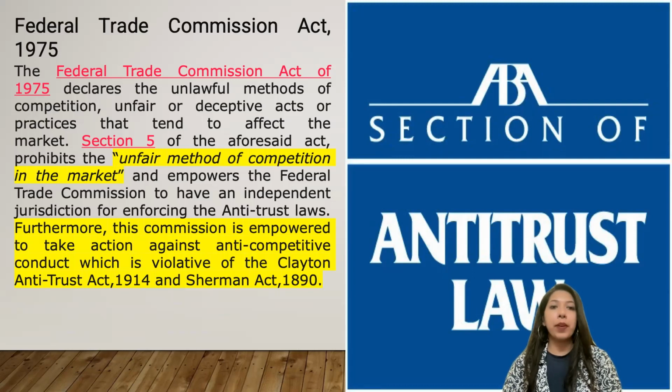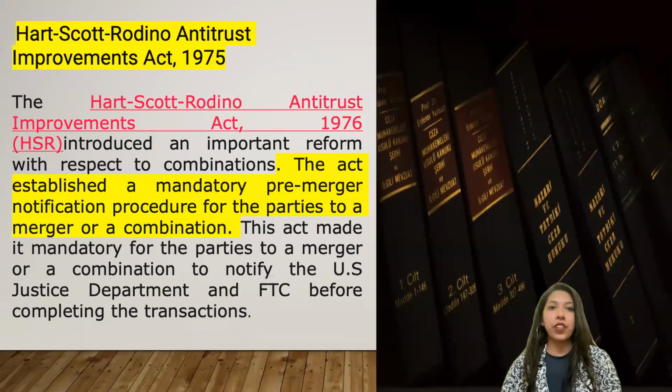Furthermore, the Commission is empowered to take action against anti-competitive conduct which violates the Clayton Antitrust Act of 1914 and the Sherman Act of 1890. The next one is the Hart-Scott-Rodino Antitrust Improvements Act of 1976, a very important act, which established a mandatory pre-merger notification procedure for the parties to a merger or combination.